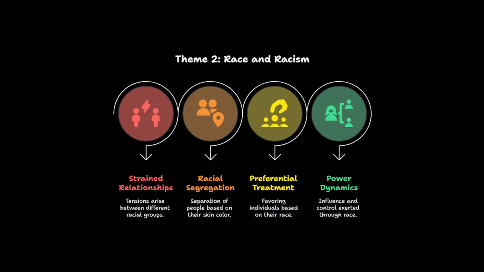These examples are thus important in helping us to understand the different ways in which race and racism are portrayed throughout the novel. What is therefore important for you to remember should you encounter a question about race in your classes are the three main points: poor relationships between blacks and whites, segregation along racial lines, and lastly, the relationship between race and power throughout the novel.